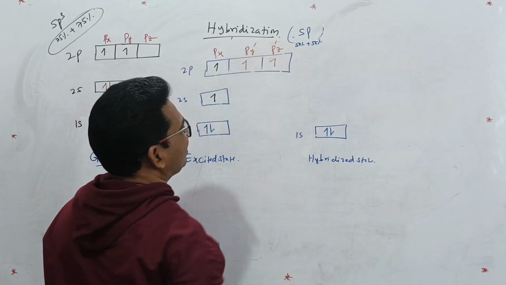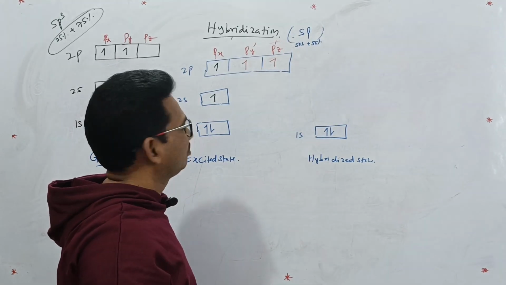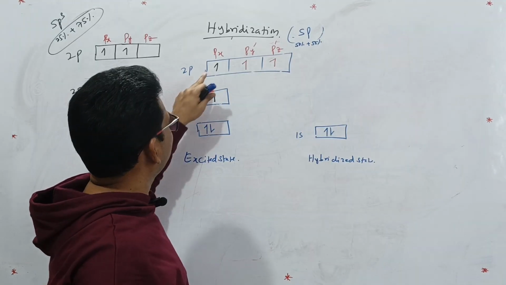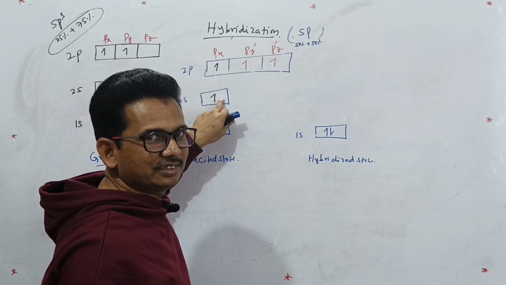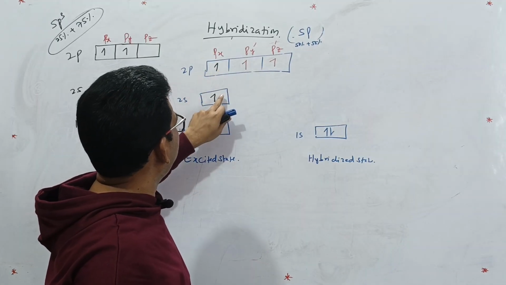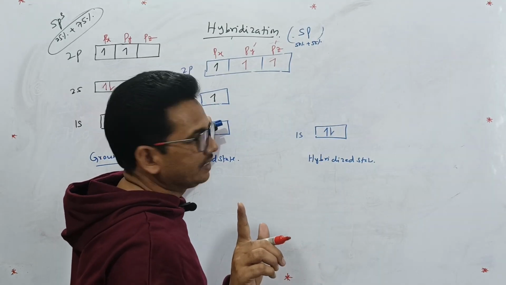Py, pz, what are they saying? I like only vanilla, we don't like chocolate. Then px is saying, no, I like chocolate. Chocolate means px has to go with the 2s. Is it right or not? That's why one of the p orbitals mixes with the s orbital of the 2s.